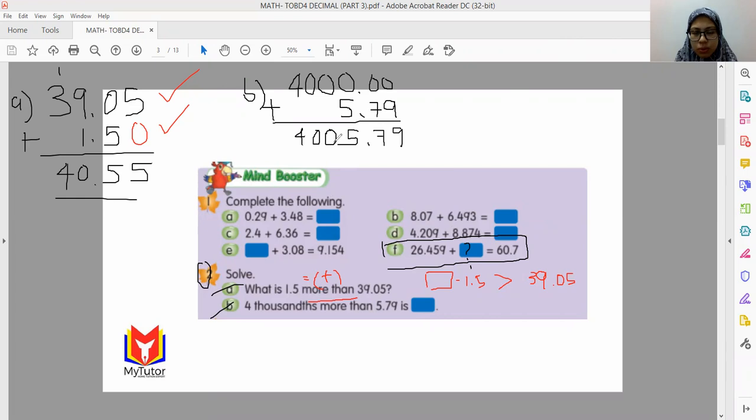Putri finished 2B. For B, Hannah also does not know how to answer. Before that, I want to ask you, do you know the placement? I mean, do you know where to place? Like you have 4,000.